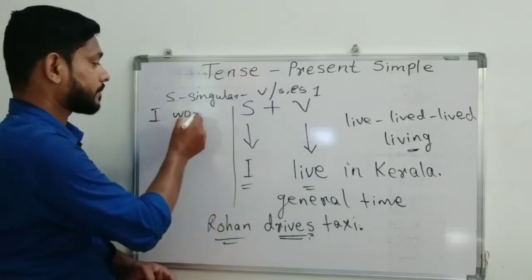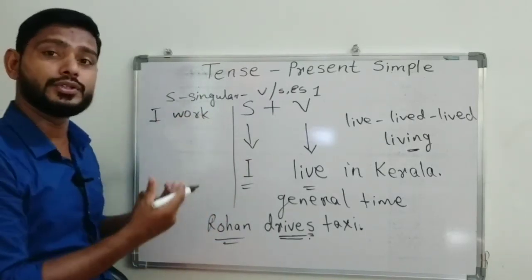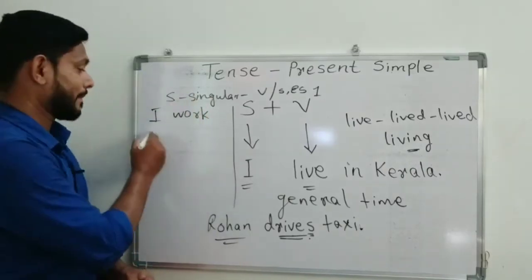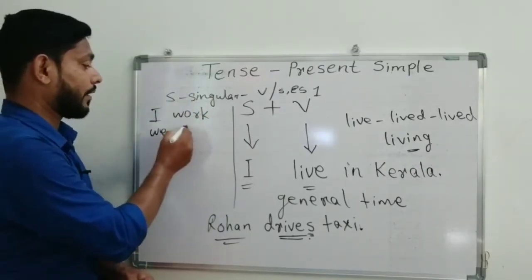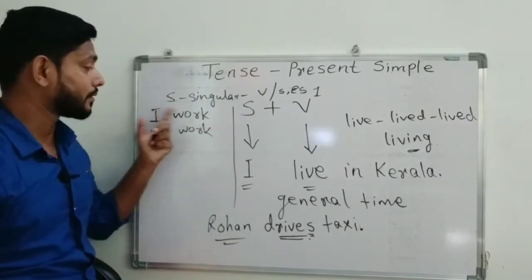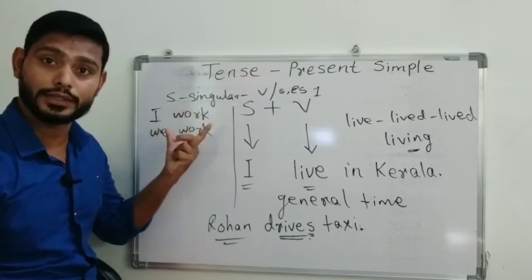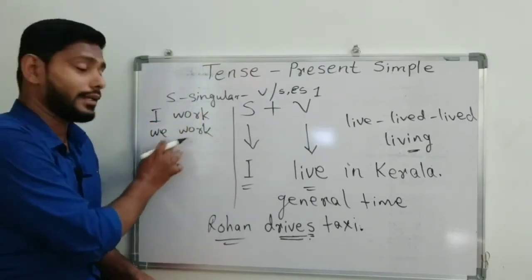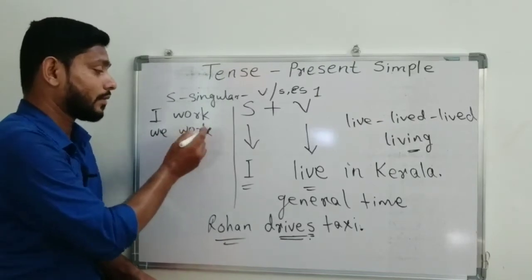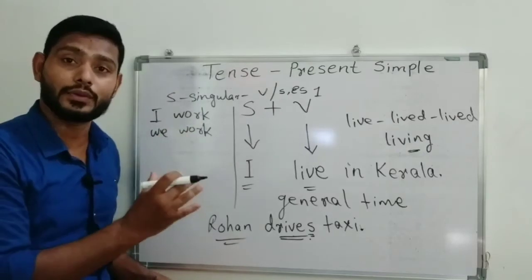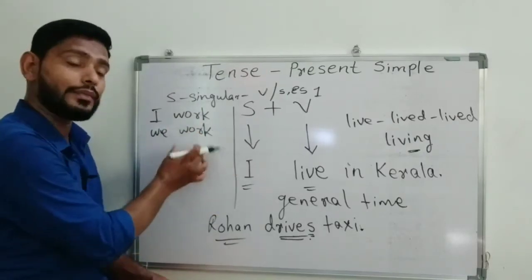I work. This is the conjugation of subject-verb agreement. I work. Then we work. This is first person singular, so we use work. It's not "I works"; works is wrong with I. We is plural, so in order to make the verb also plural, we use the base form only. We will not add s or es. So this is the plural form with we.